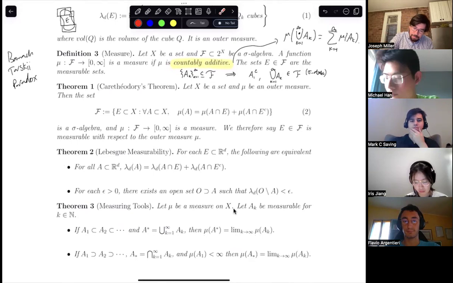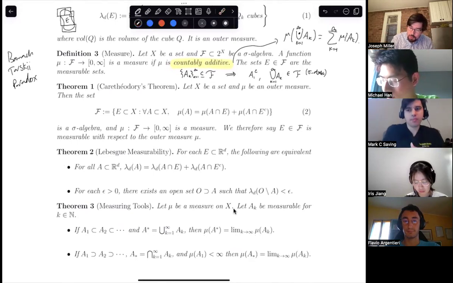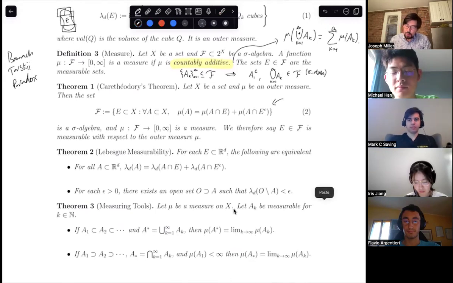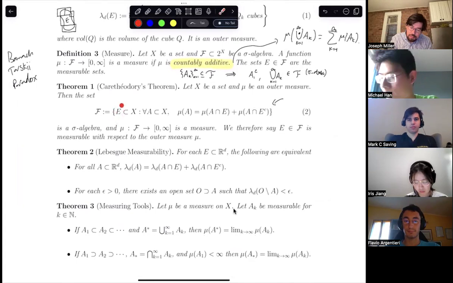The answer is by what's called a splitting condition. So what it is, step by step: something is measurable, so E is in F, if for every single subset of X, I can split it across its intersection with the set I'm considering and the intersection with the complement.